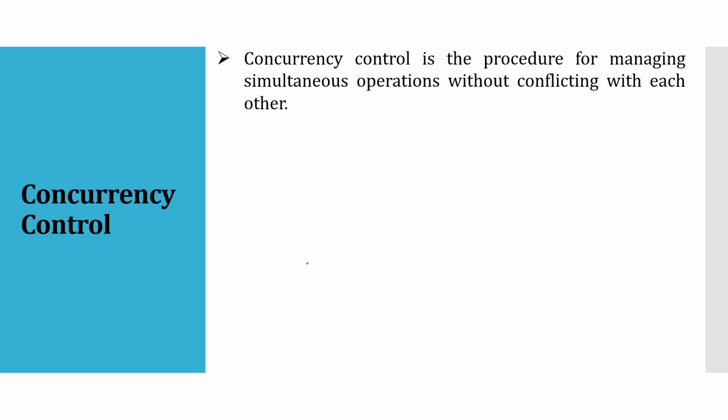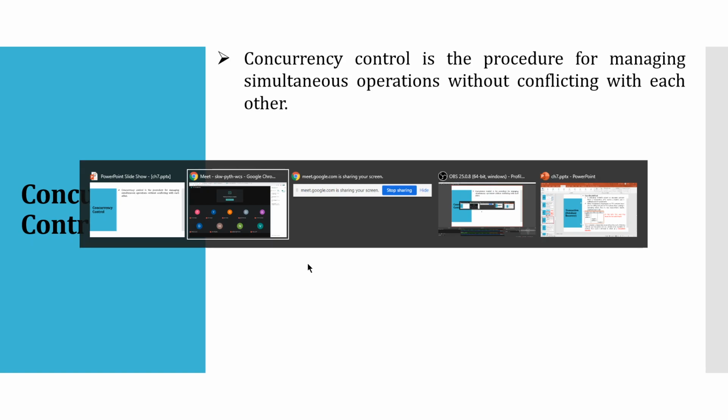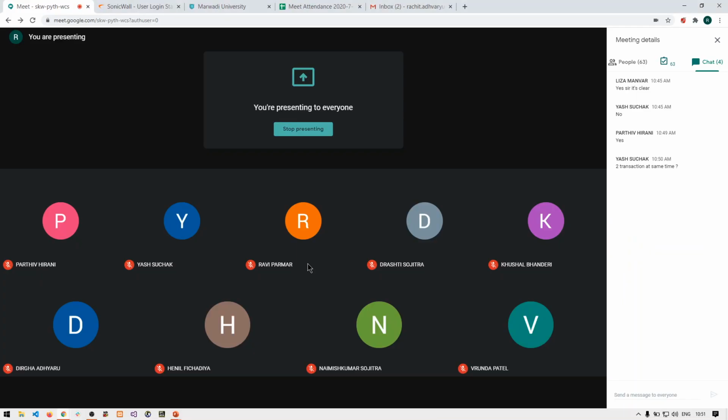So what will be the conflicting operations? Anyone? What do you mean by conflicting operations? Can anyone tell me? Yes, crossing, but what crossing, Yash?